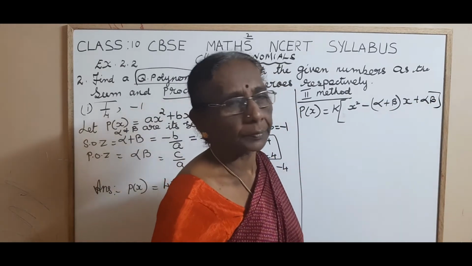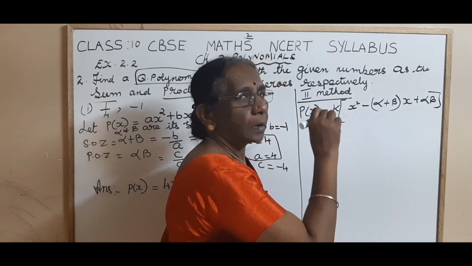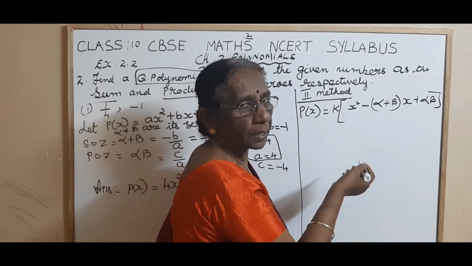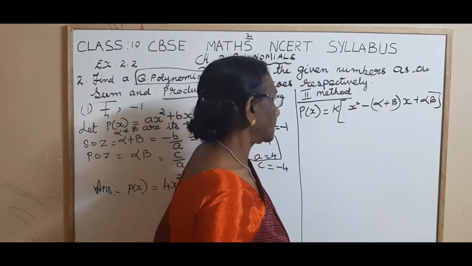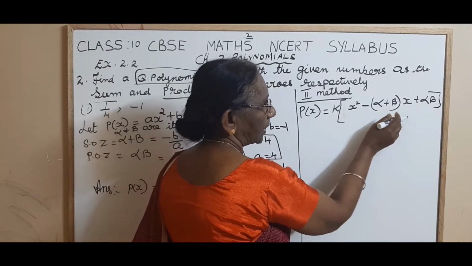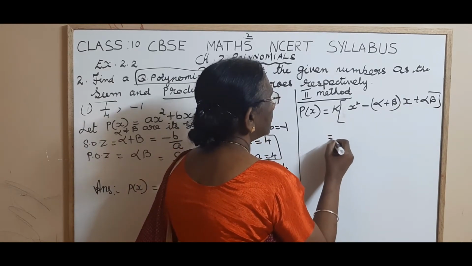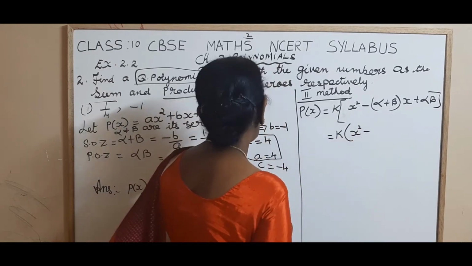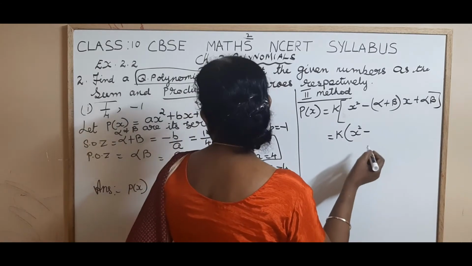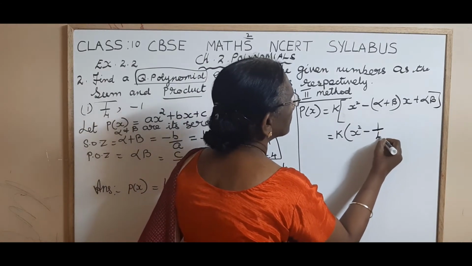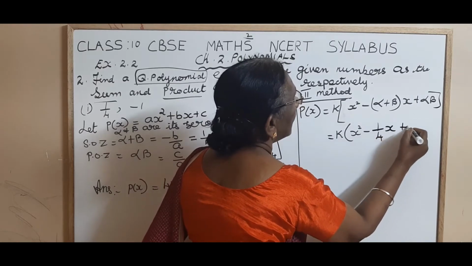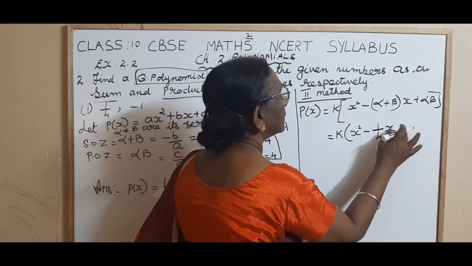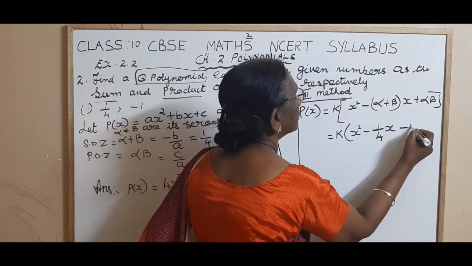This is the formula. Isn't it, children? Already I have taught you when you were deriving the relationship between the zeros and the coefficients. So here you are given alpha plus beta, you are given alpha beta. So that is k into x squared minus alpha plus beta, which is what? 1 by 4 x plus alpha beta, which is what? Minus 1. So you can write this as, instead of c, alpha beta, minus 1.